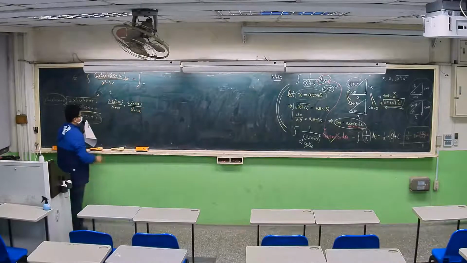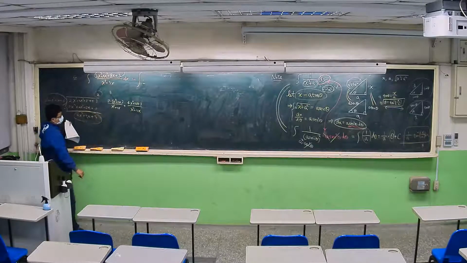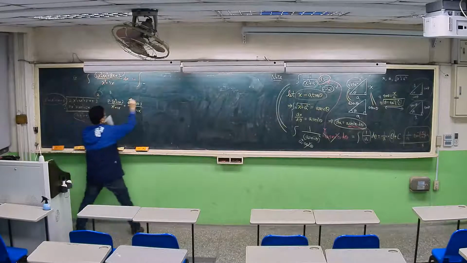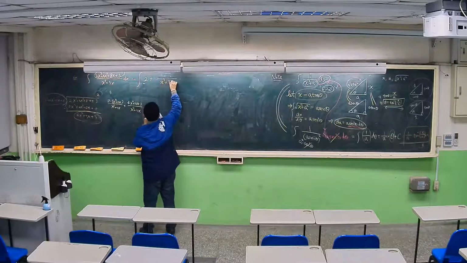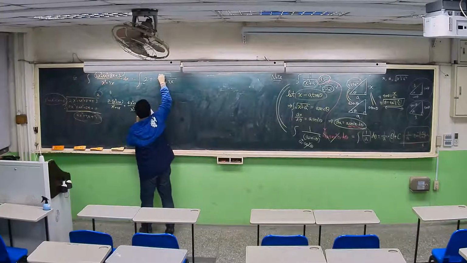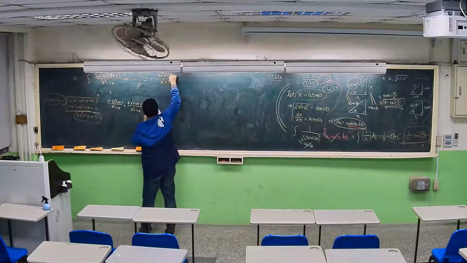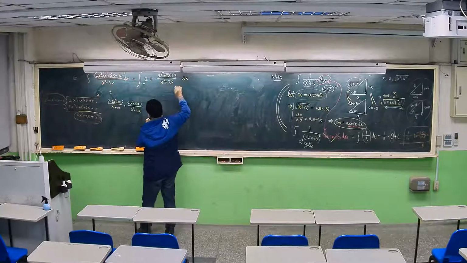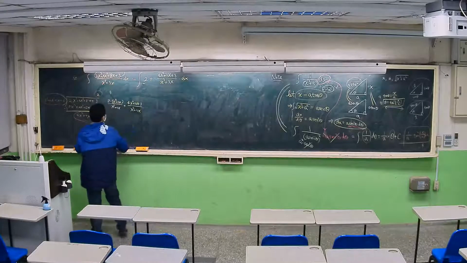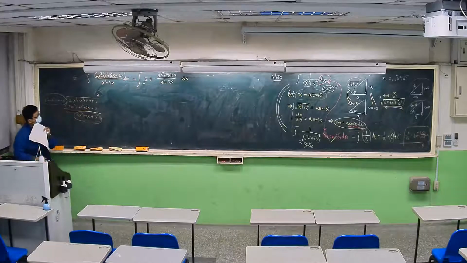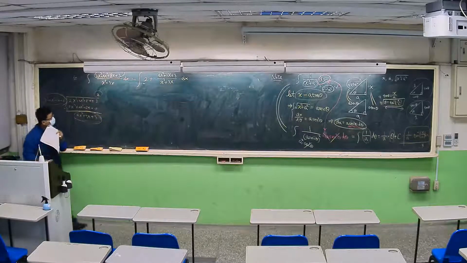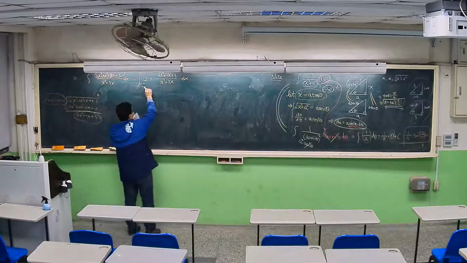We separate, and for the first term we cancel them. So it's the integral of 2 plus the fraction with numerator 4x squared plus 2x plus 3, dx. The first term is easy to see.